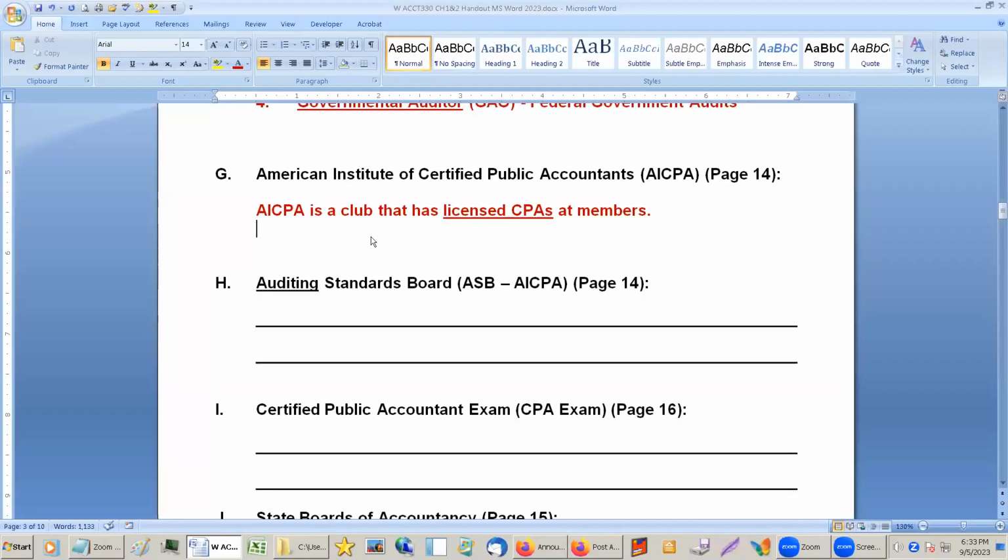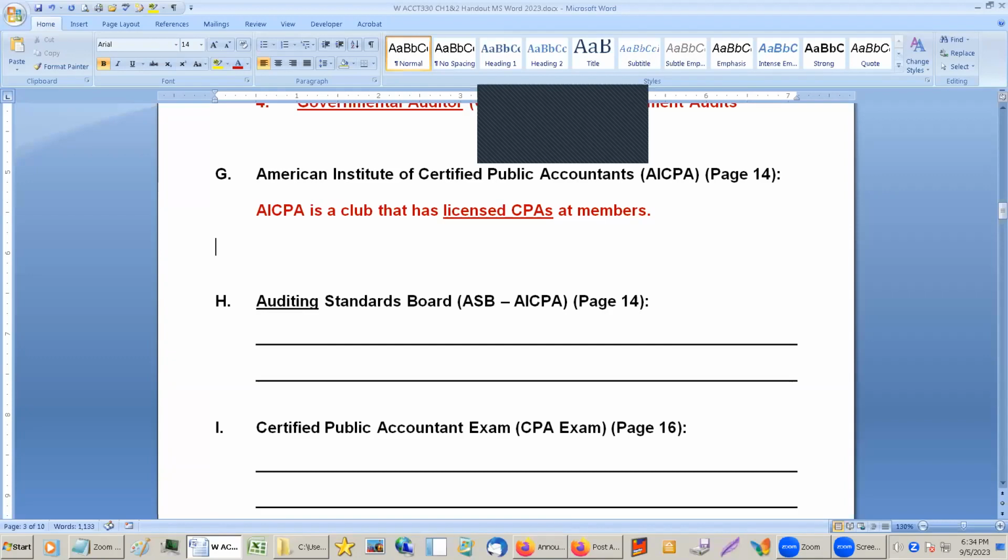They really don't have any direct control. So the AICPA is really just a club. Again, you pass the CPA exam, you get your license, and they send you a note asking if you want to join their club. You can say yes or no; you don't have to. That's what the AICPA is. Now, what do they do?